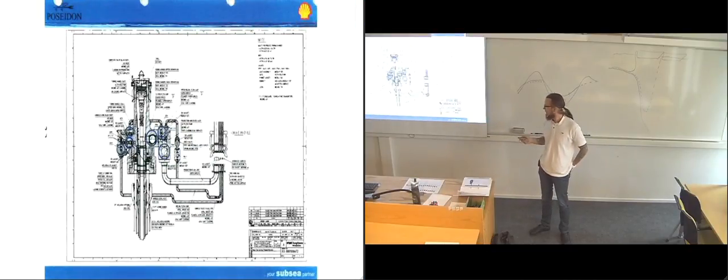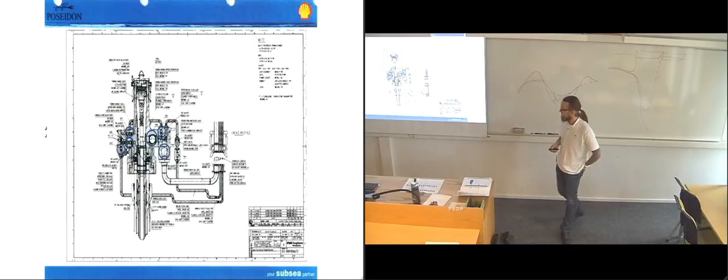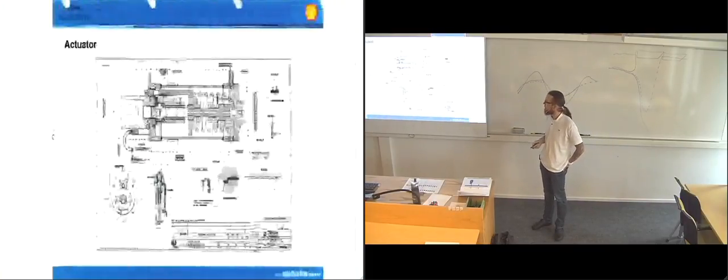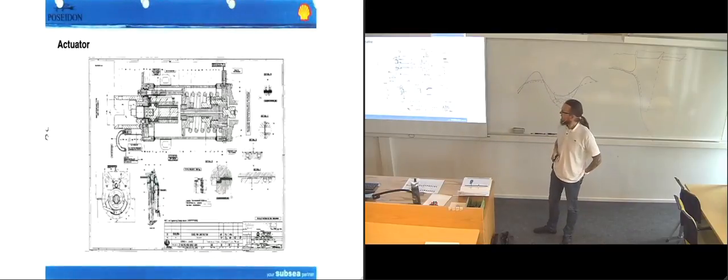Here's another technical drawing used for the Christmas tree. We've looked at so much detail about Christmas trees now that I think we're just going to run straight past it. Here's another technical drawing, a cross-section of one of the valves. You can see the spring-loaded fail-safe part.